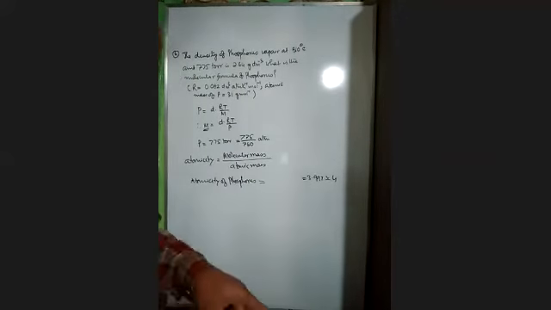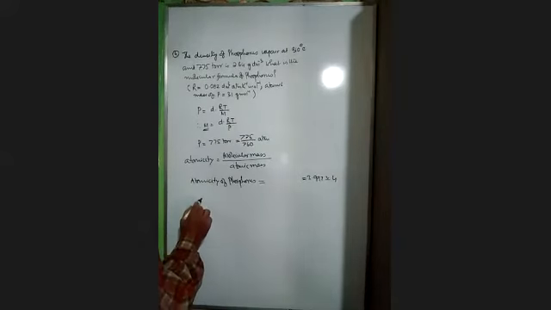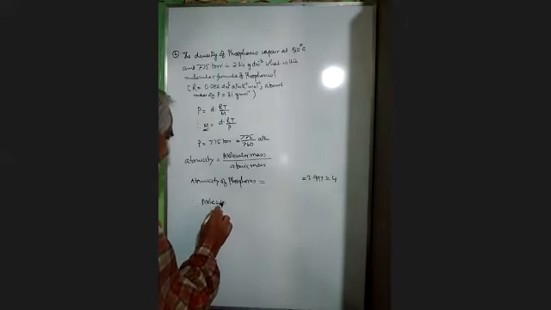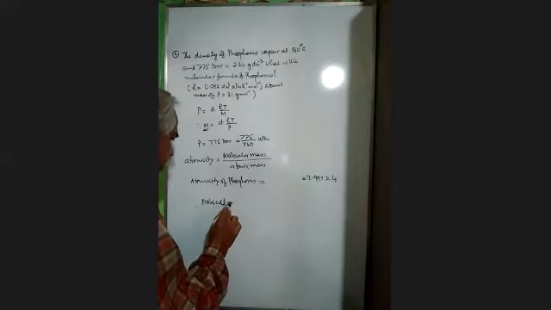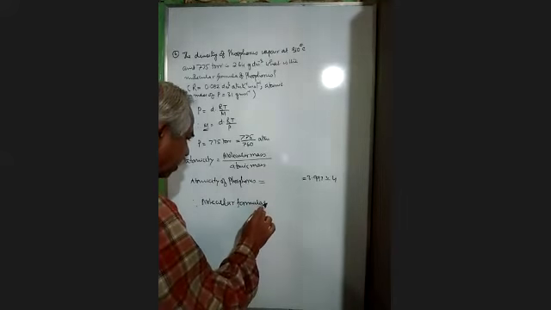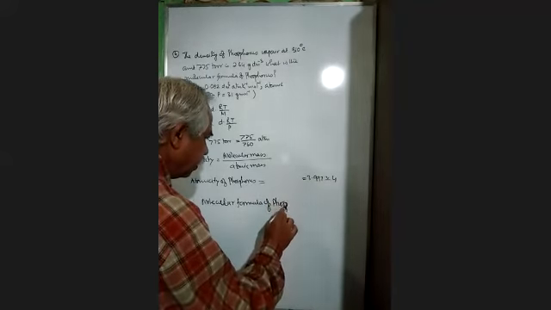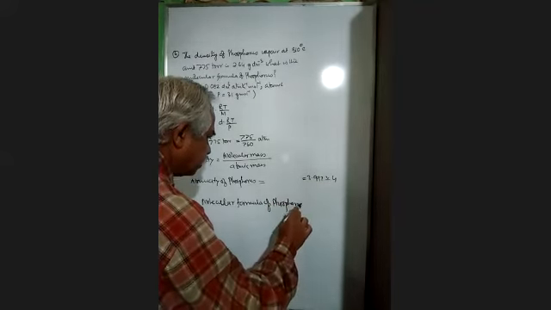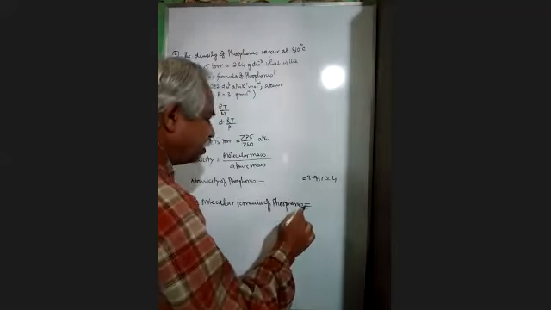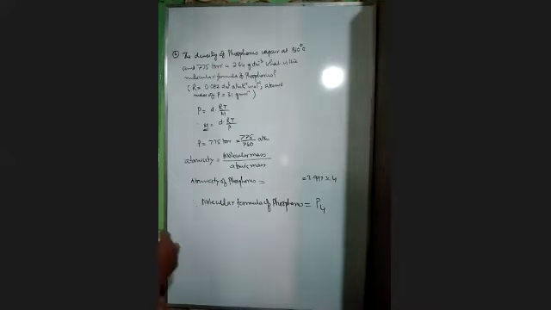Please remember, atomicity means number of atoms. So therefore, what should you write? Molecular formula of phosphorus is equal to what? How many atoms are there? 4. So it is P4.